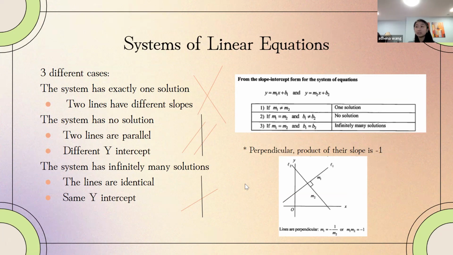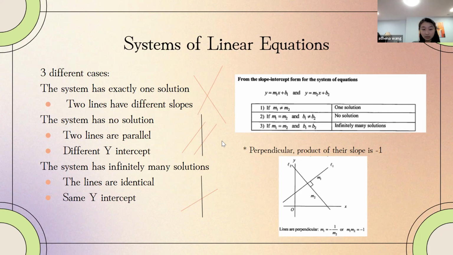So think about when you see the problem, if it asks for one solution, then you know you have this first one. The two lines have different slopes. If they ask for when these two lines do not have any solution, then you know that this is when the two slopes are the same.